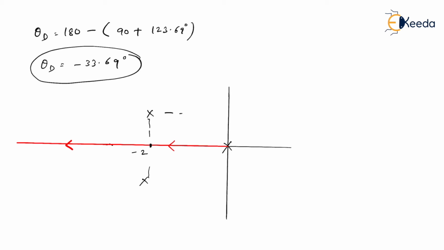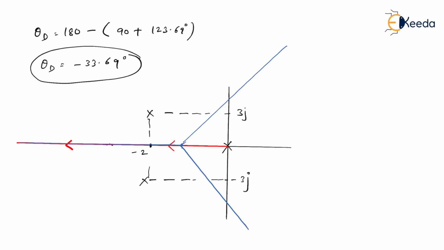This is minus 2, this is 3j, this is minus 3j, and with the angles of asymptotes we got three angles and plotted them from somewhere over here. One of those angles was 60 degrees, the other was 180 degrees, and there was one more angle, which is 300 degrees.